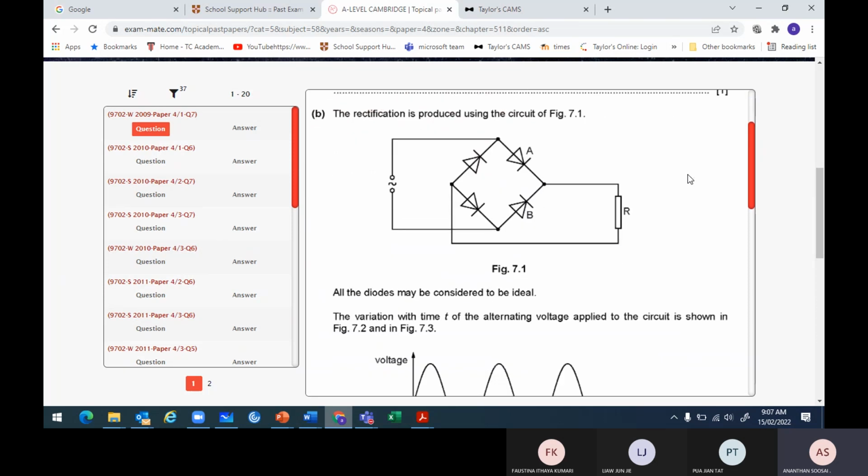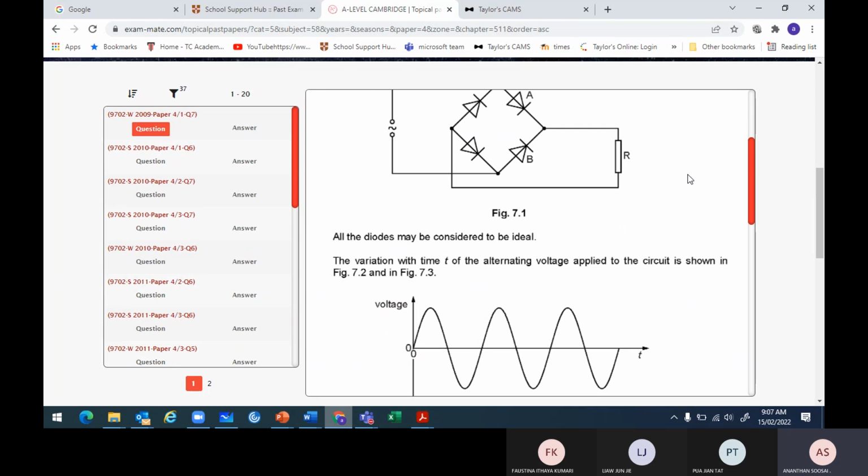Okay, B, the full wave circuit with diodes. Read the question. The rectification is produced using a circuit. All diodes may be considered to be ideal. Ideal diode means zero resistance.